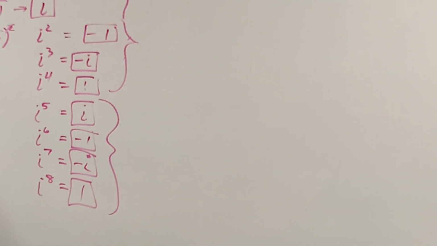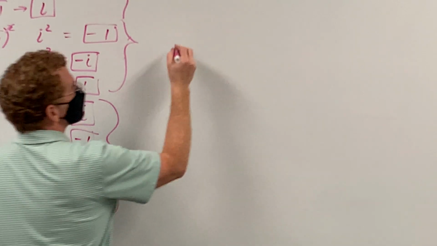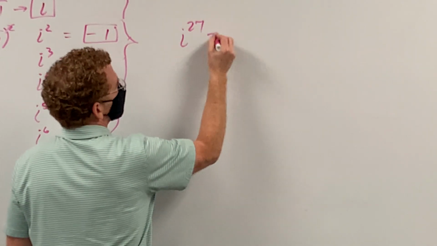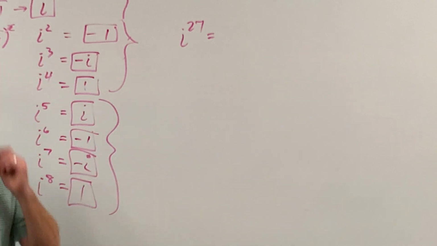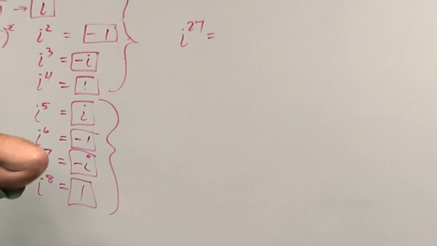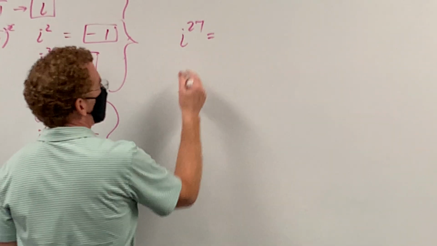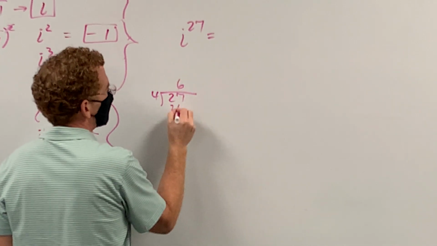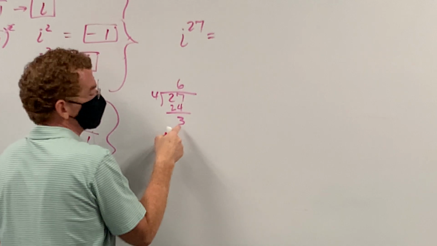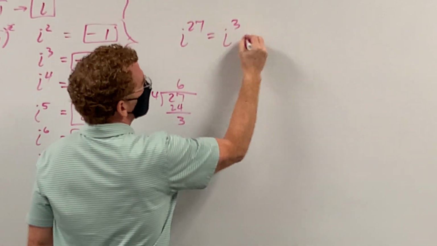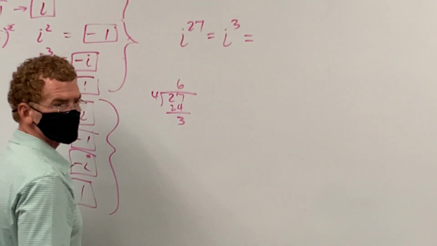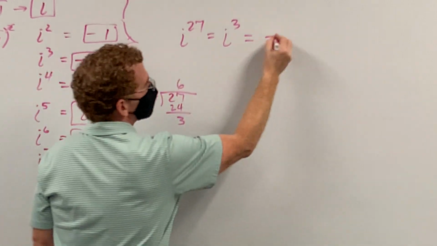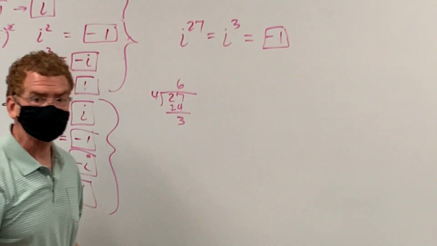So what could we do? This is the hard way, but what could we do for something like i to the 27th? That's the easy way. Good, though. She said, I would divide the 27 by 4, and I would just use the 3 and change that to that. And then since i cubed is -1, that's the shortcut.